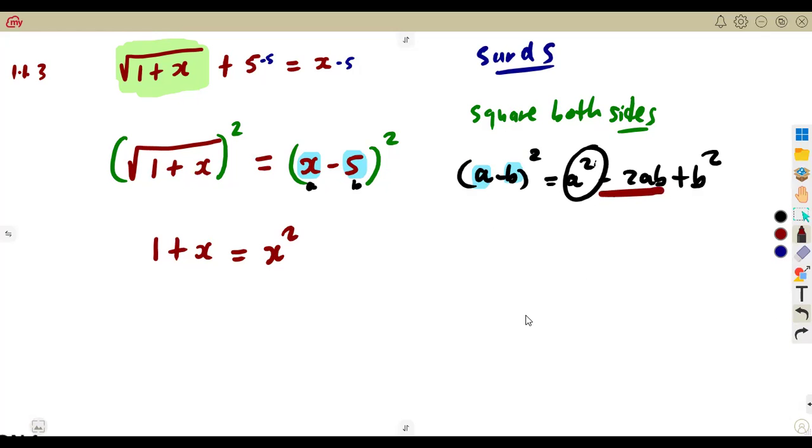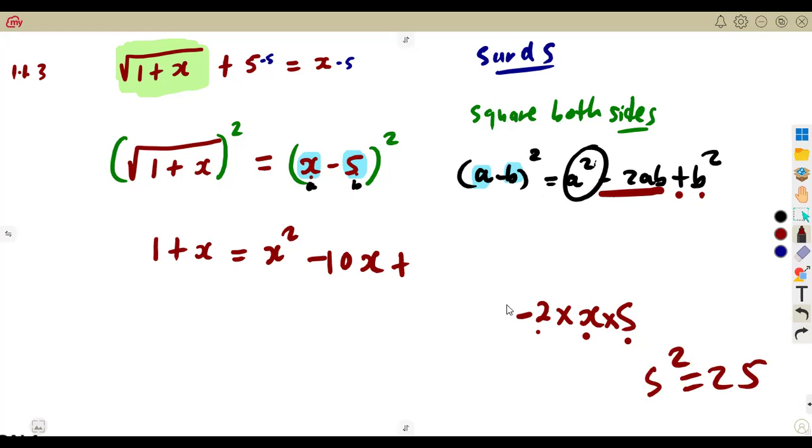Minus 2ab means minus 2 times a, our a is x, our b is 5. So you multiply minus 2 times x times 5. That's negative 10x. Then the last part, plus b squared, the last term squared. Our b is 5, so 5 squared gives us 25.